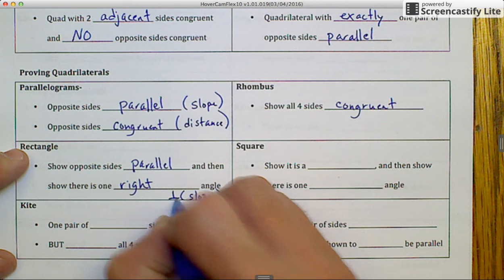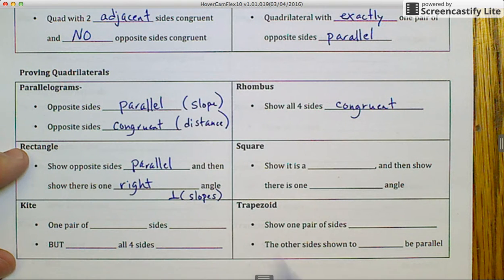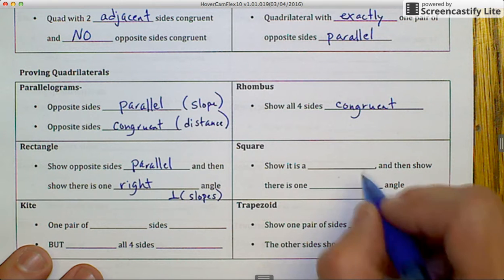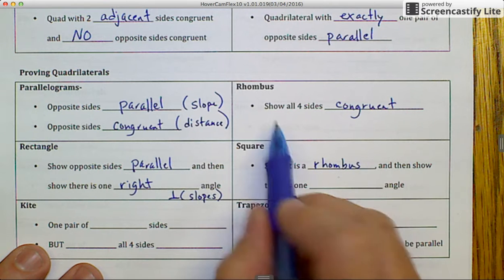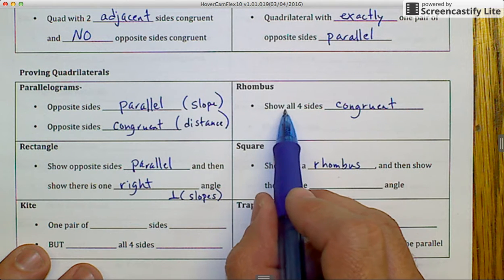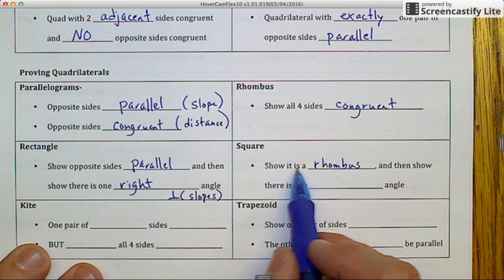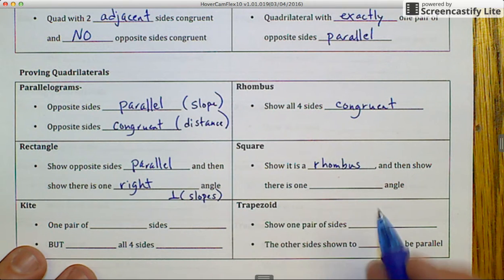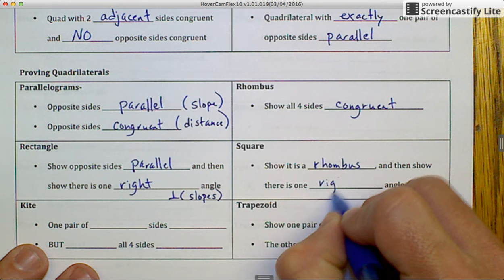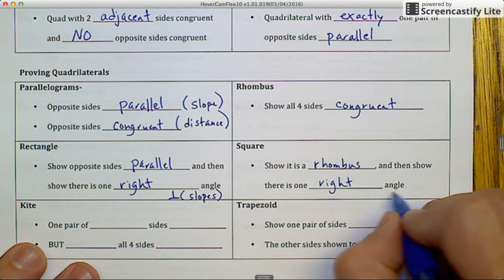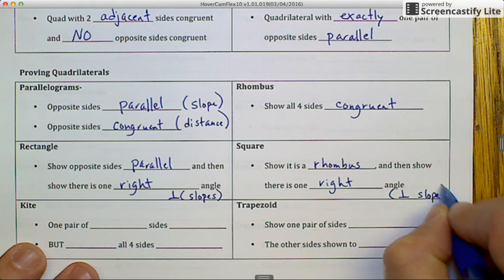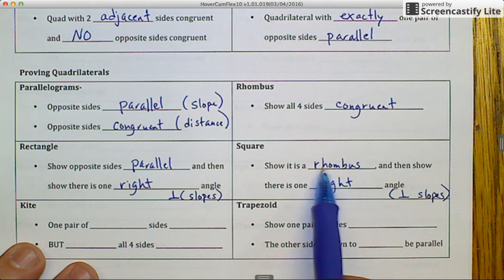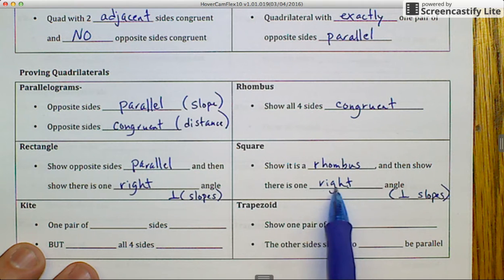And I'll put the perpendicular symbol down there. For a square, you're going to show it as a rhombus. Because remember, a rhombus has 4 congruent sides. A square has 4 congruent sides. So show that it's a rhombus, and then show there is one right angle as well. Again, perpendicular slopes. Because as soon as you have 4 congruent sides and you have one right angle, all the other angles have to be 90 degrees.